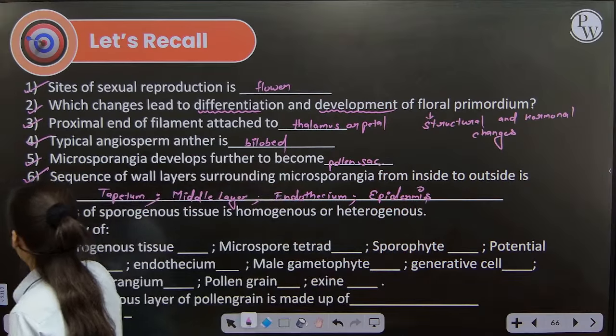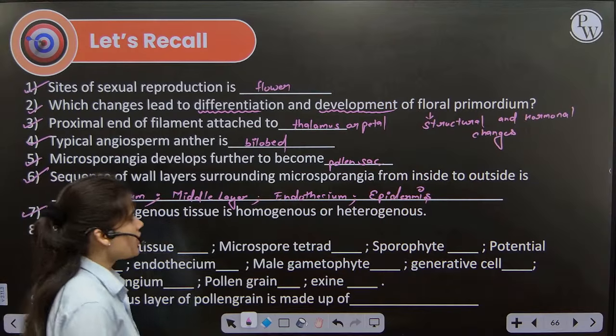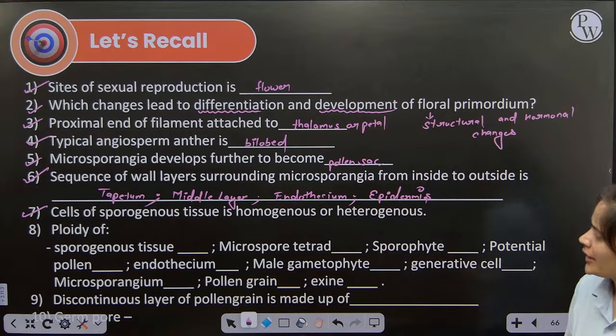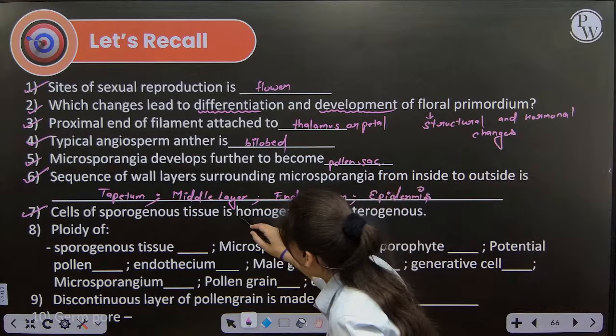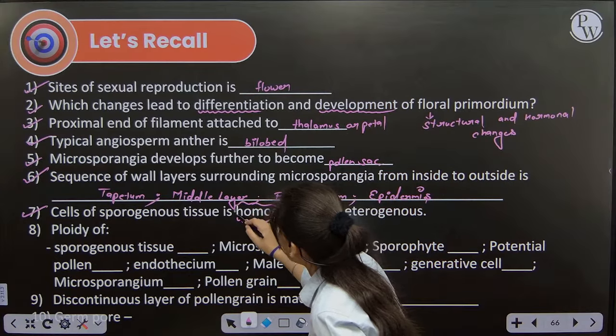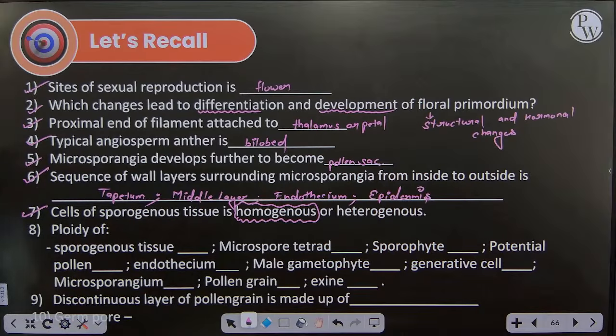Next, are the cells of sporogenous tissue homogeneous or heterogeneous? Are they made up of the same kind of cell or different kinds of cells? They are homogeneous. This can come as a statement 1, statement 2 based question, asking which one is correct or incorrect. Now, we need to find out the ploidy level.